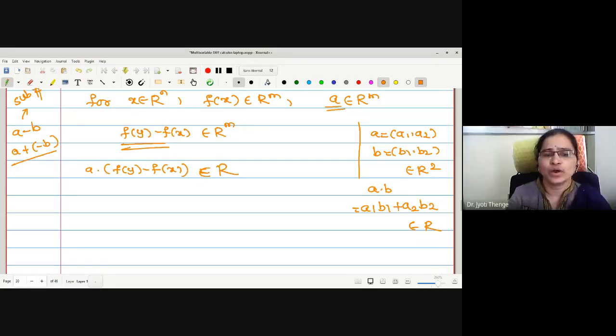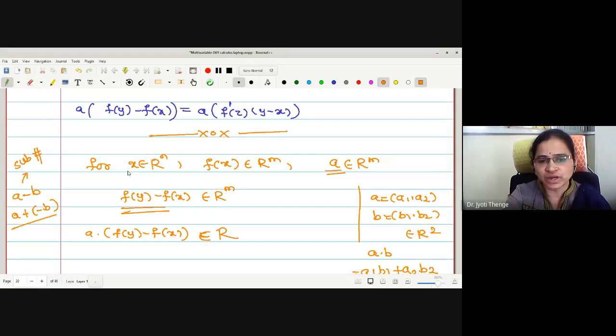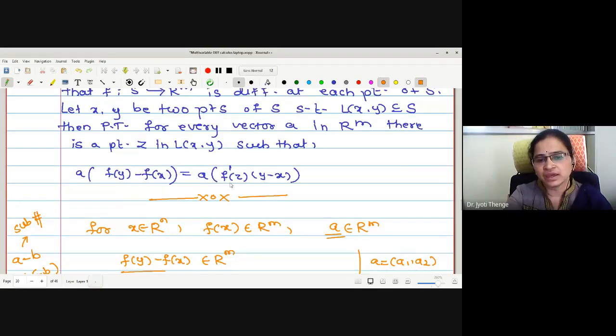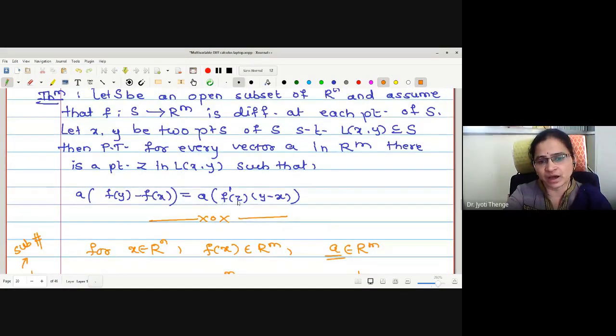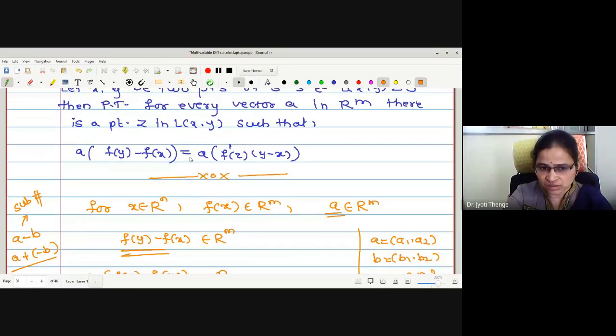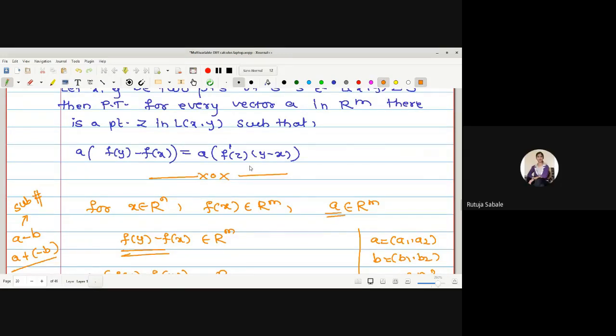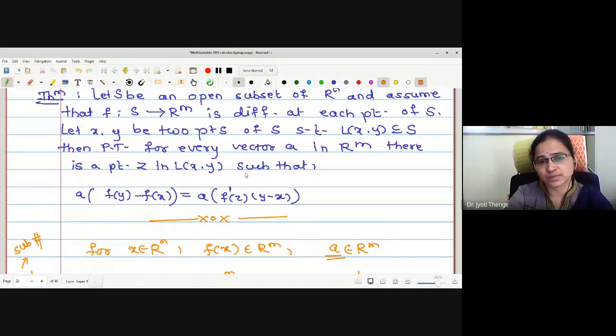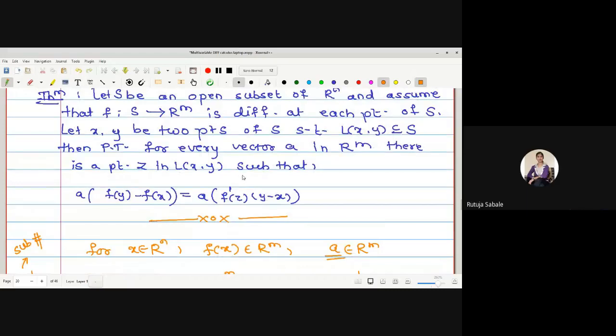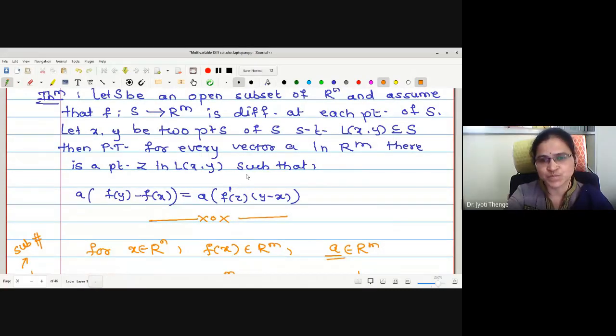Similarly, what about the quantity on the right side? A, F dash of Z is also an element in Rm space, because by taking a derivative we are not going to change the dimension of the coordinate space. Therefore, this is also a vector in Rm.